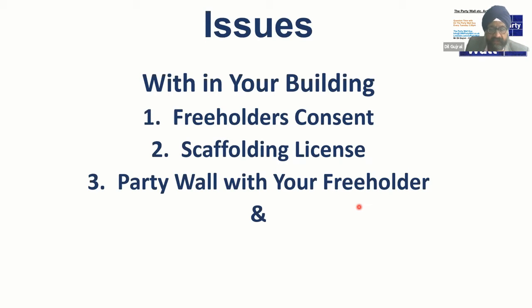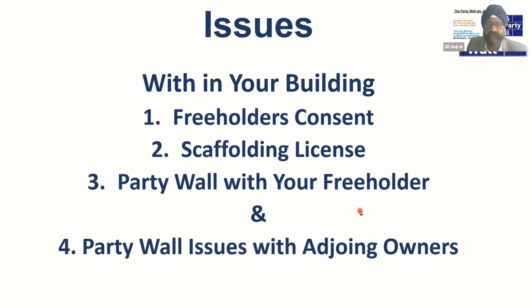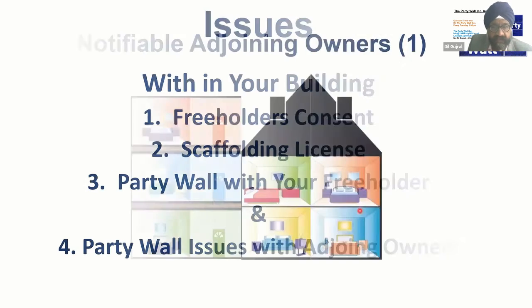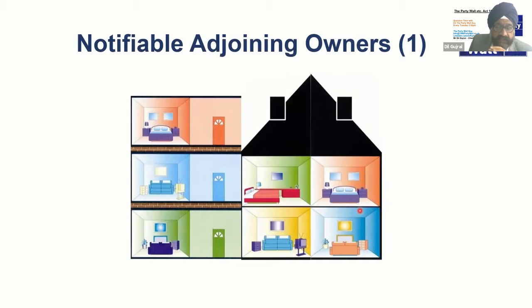Now, the 4th issue that comes about is party wall issues with adjoining owners. I'm going to discuss this at length a little bit, and hopefully I can cast some light. It's actually a very interesting subject. So let's have a look at scenario 1. Now, let's pretend this flat's next door. This is a house, or it could be flats.